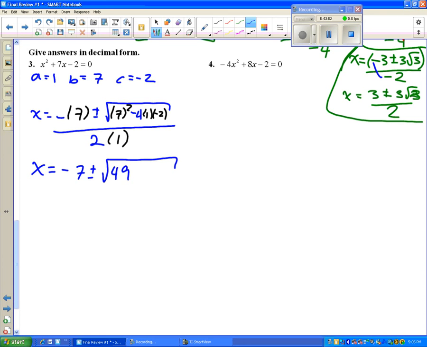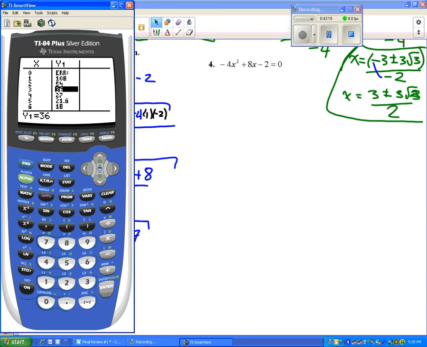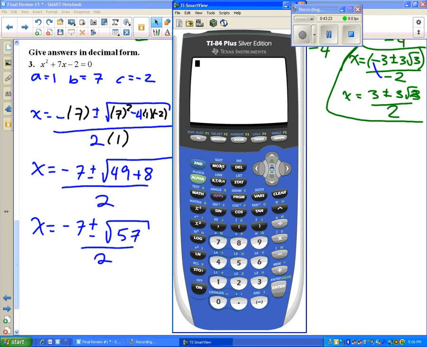Negative 4 times 1 times a negative 2 is going to be plus 8 over 2. So x is equal to negative 7 plus or minus the square root of 57 over 2.